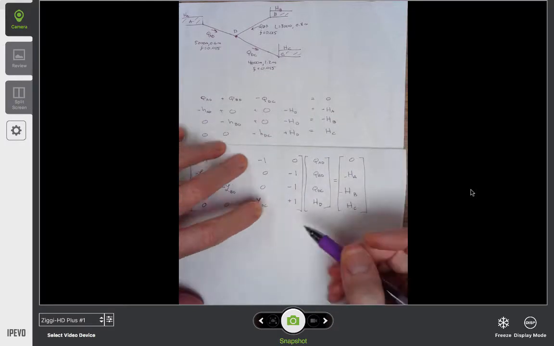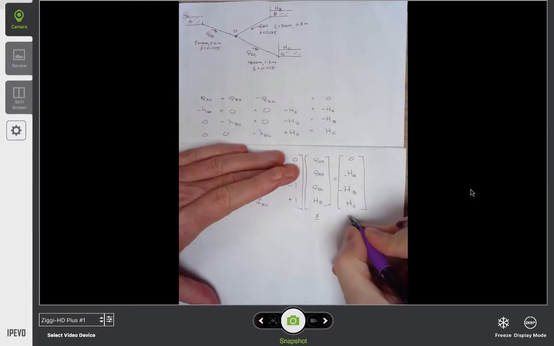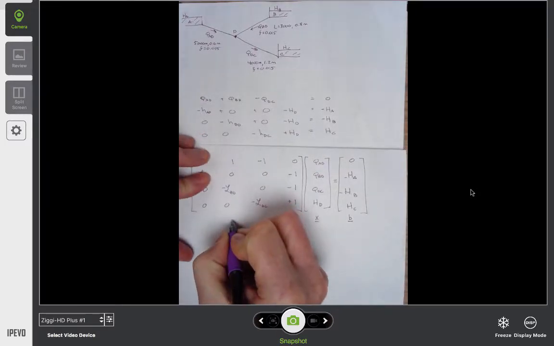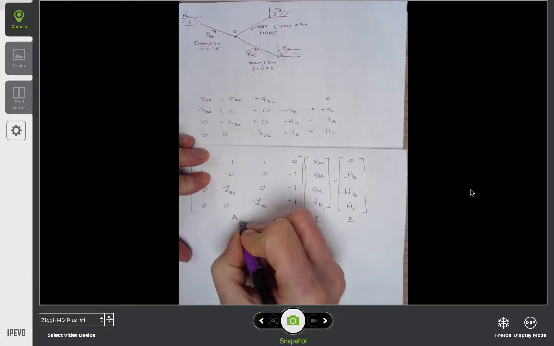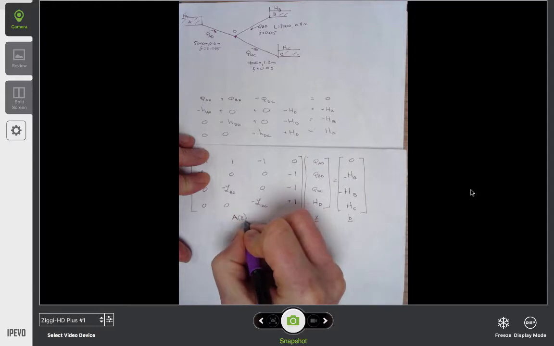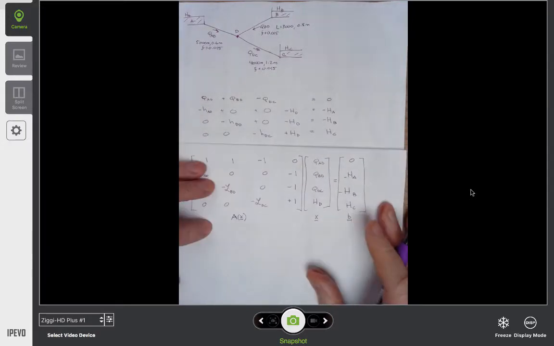Okay, remember what I'm after. This is going to be my x vector. This is a right-hand side vector. This is a coefficient matrix. Let's call it A of x, because the x vector is incorporated in these script L terms.